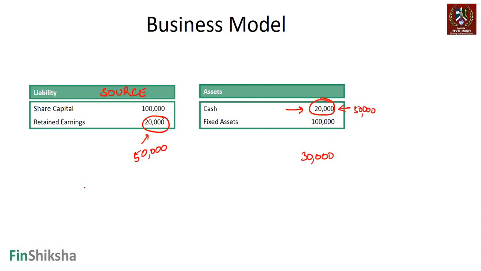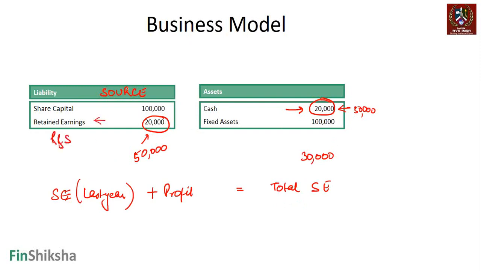So practically speaking, whatever profit you generate, if you look at share capital or shareholders equity of last year, plus the profit of this year, that should give me the total shareholders equity, which basically is going to get added to the retained earnings, or what is also called reserves and surplus.